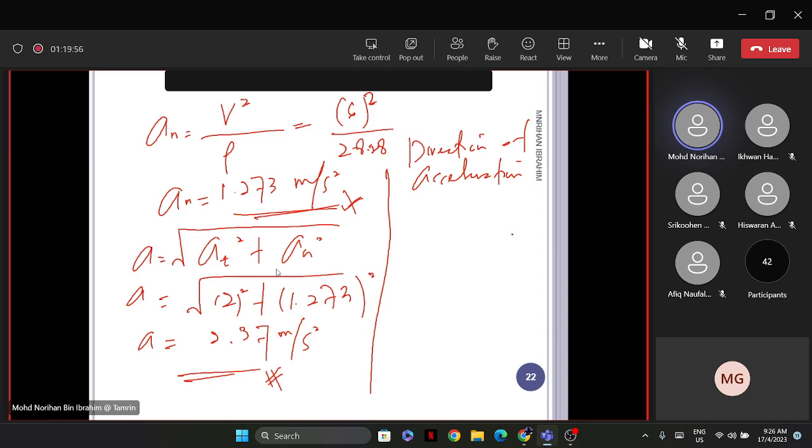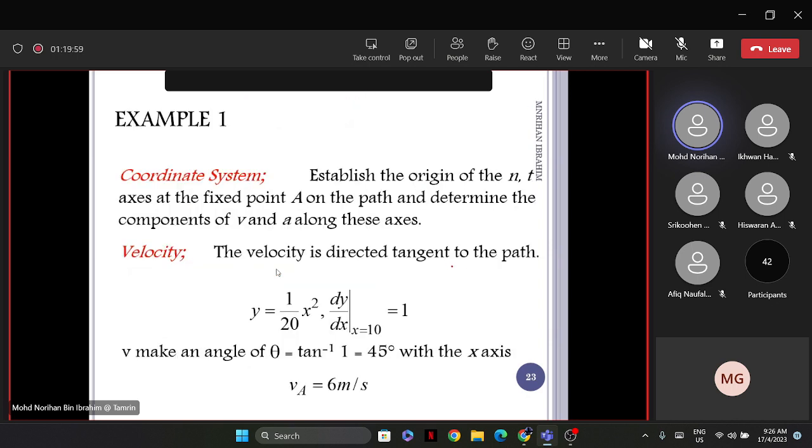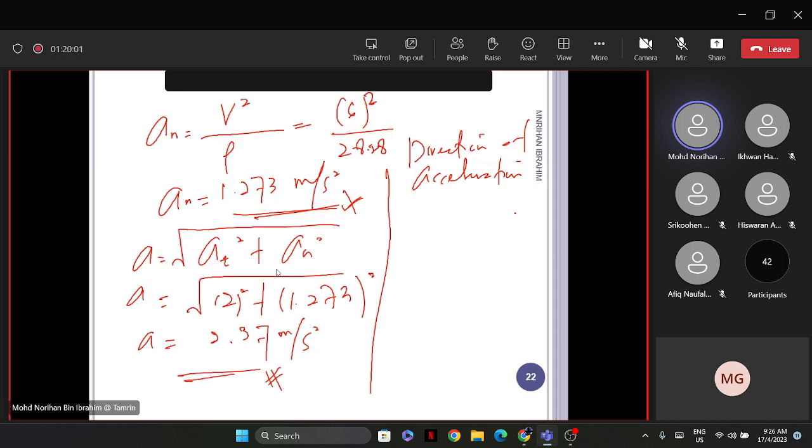So we can assume it like this. AT is 2, AN is 1.273, and therefore A is the resultant.